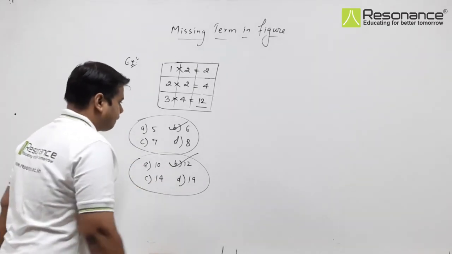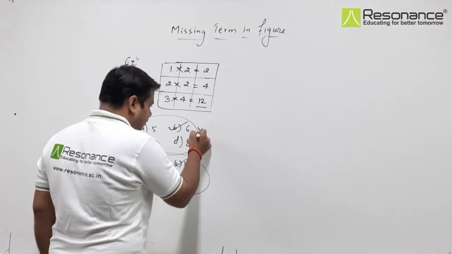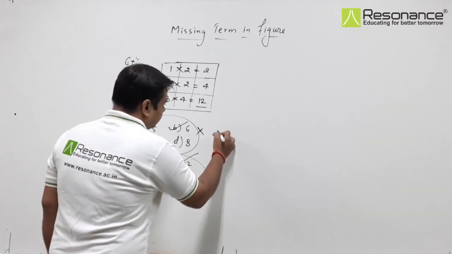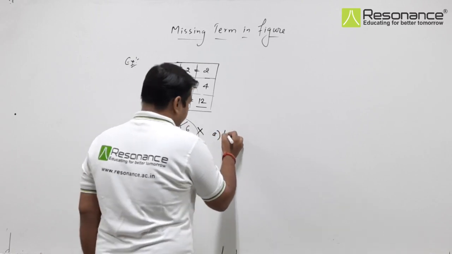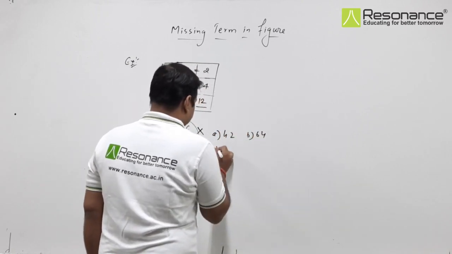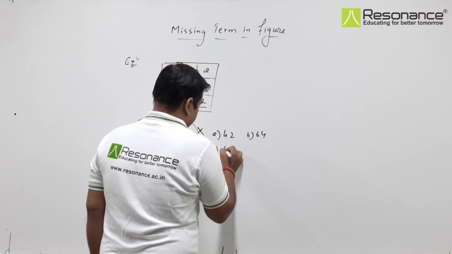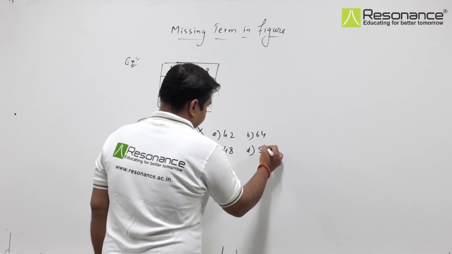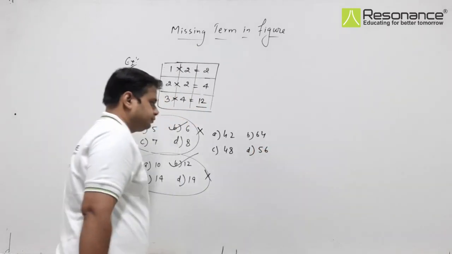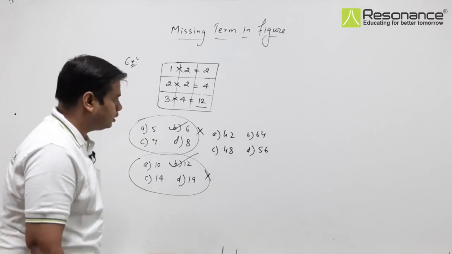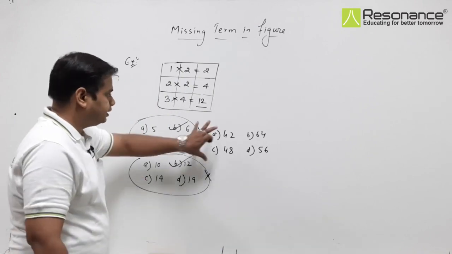One more time, suppose these are not the options either, the other options are 42, 64, 48, 56. Okay, now again we have changed the options.